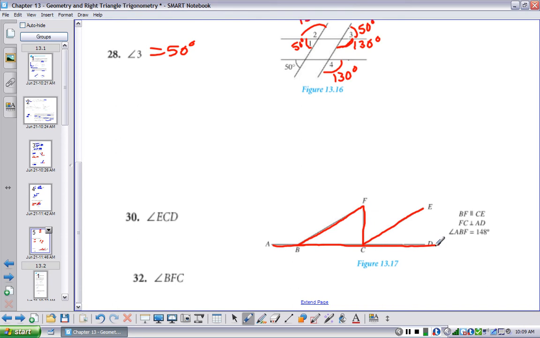And it also tells us that the angle ABF is 148 degrees. Now, they want us to find the angle ECD.